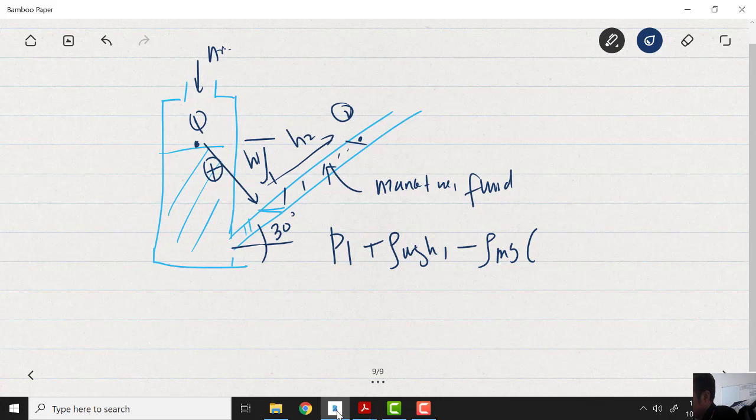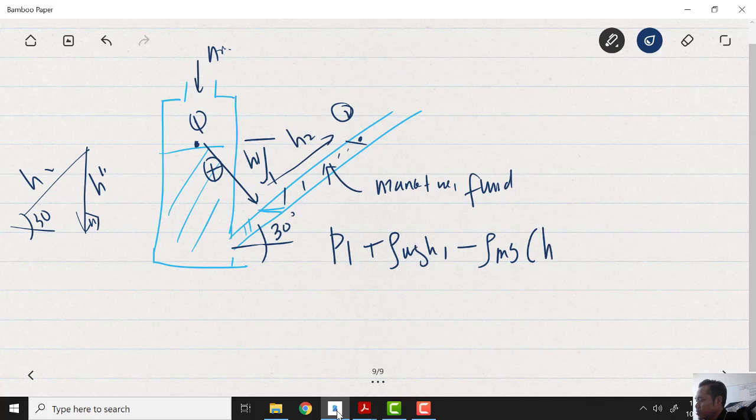Whenever you measure pressure, make sure that the height is always 90 degrees. If you have H2 right here and the angle here, you need to find the vertical height here, which is H2 sine 30.